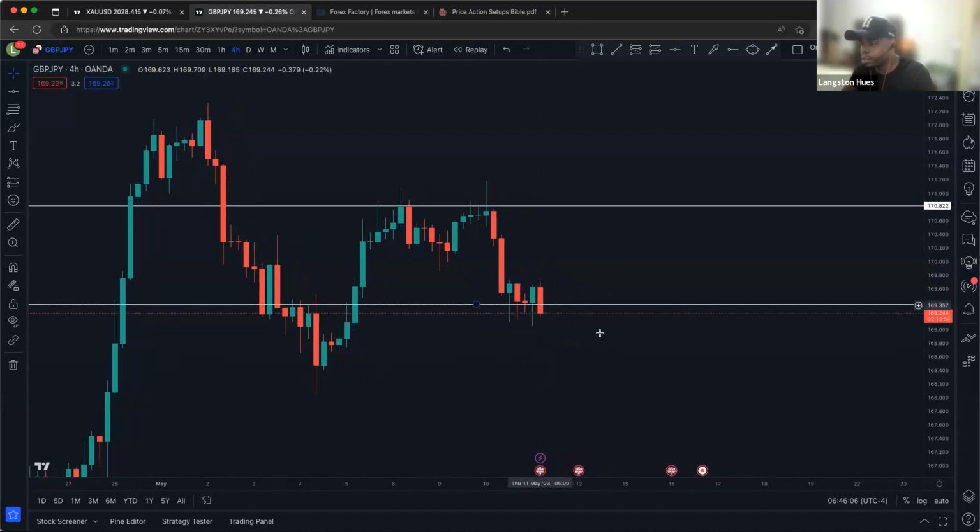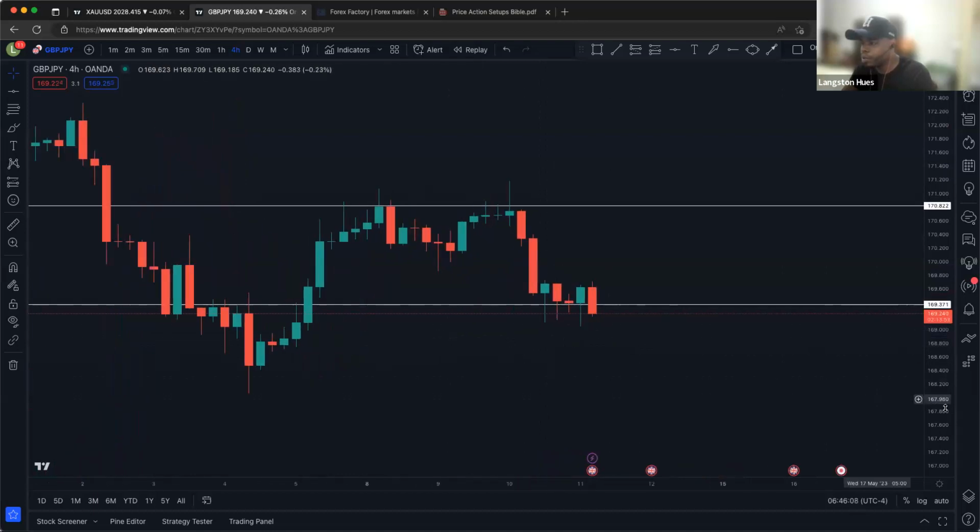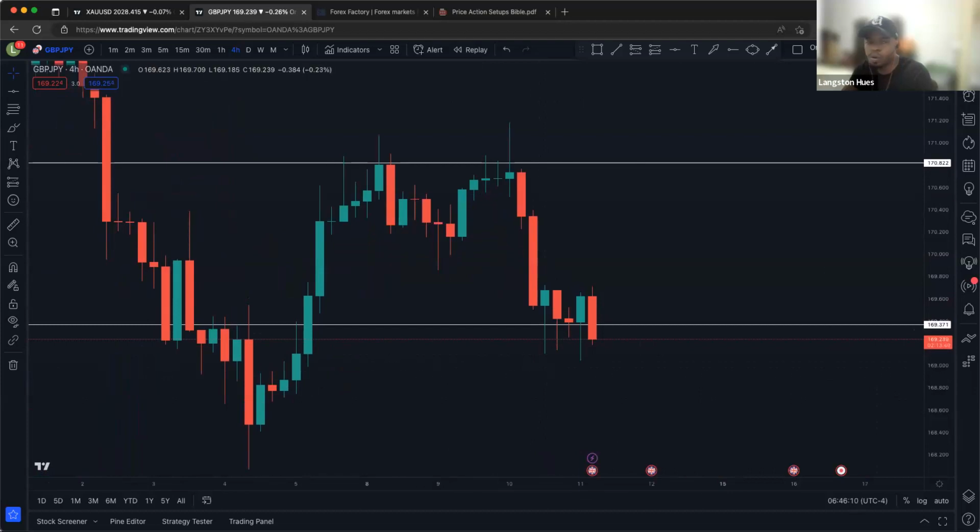And price is attempting to break through this 4 hour support. The only problem is it would need a closure because you got rejection here, here, here, and here. So until this can close below, there's no sales, not even impulse, because it has the potential to just reject like the previous ones.